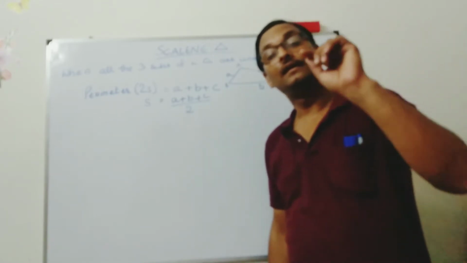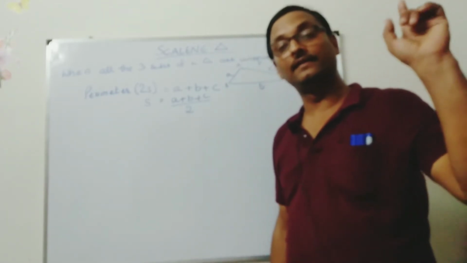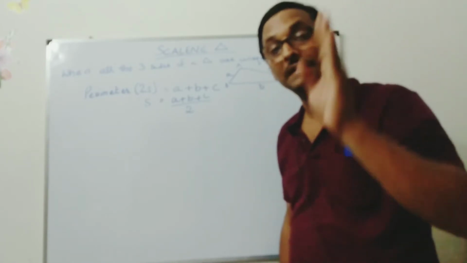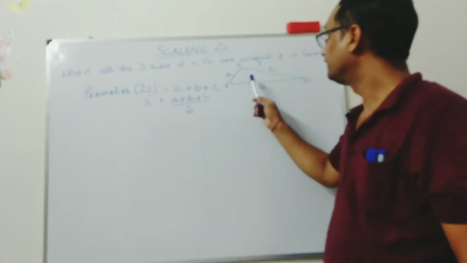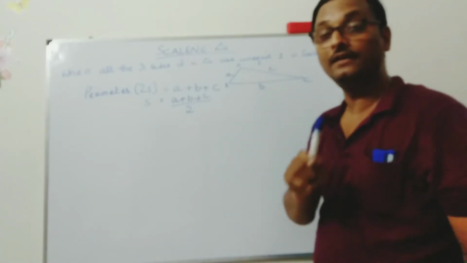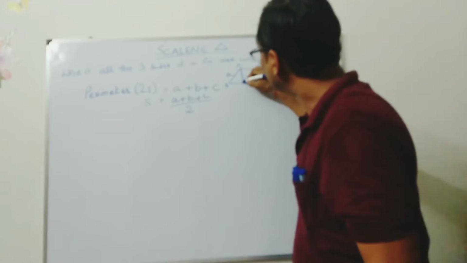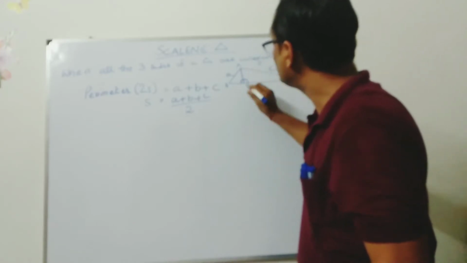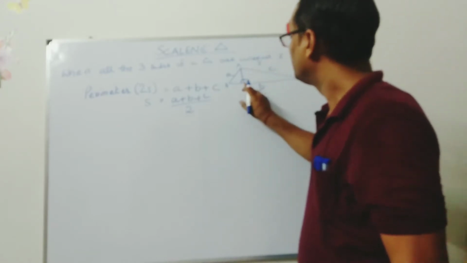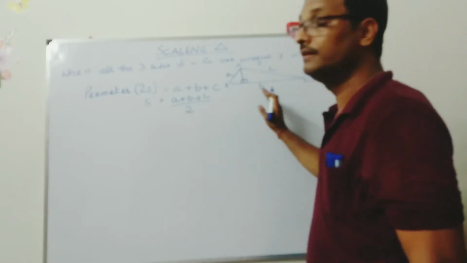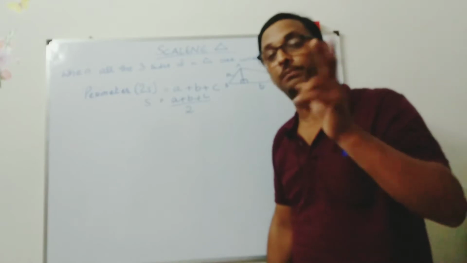But in other cases, in equilateral and isosceles triangles, you have drawn a median. But in this, there is no median. This line which you have drawn is dividing this side into two unequal parts.